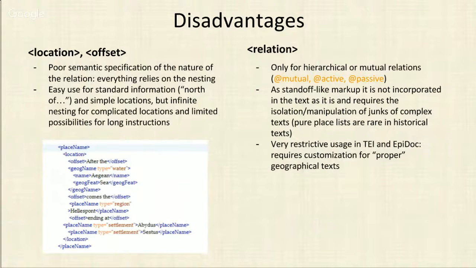And pure place lists are quite rare in historical documents. Concerning location or offset, on the other hand, you have a poor semantic specification of the nature of the relation, because the relation relies essentially on the nesting strategy. So in these two cases, you have more advantages if you want to encode the types between places.